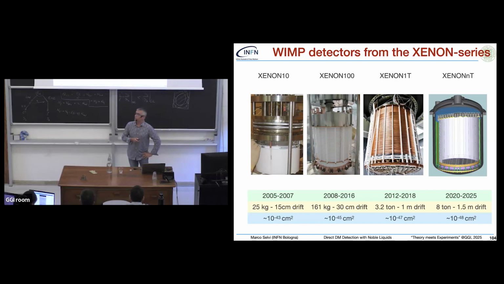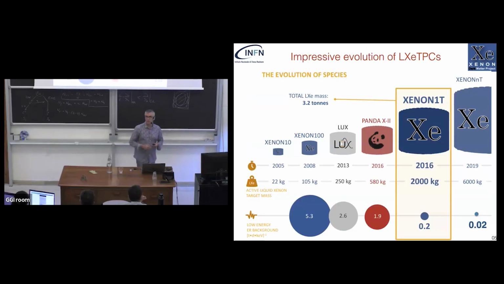Now let's go to the xenon world, and this is the chronology of the xenon detectors in the last 20 years. We went from the 10 kilogram scale up to the 10-ton scale as of now. This includes the detectors of the competitors, for instance, in the past, LUX and PandaX.